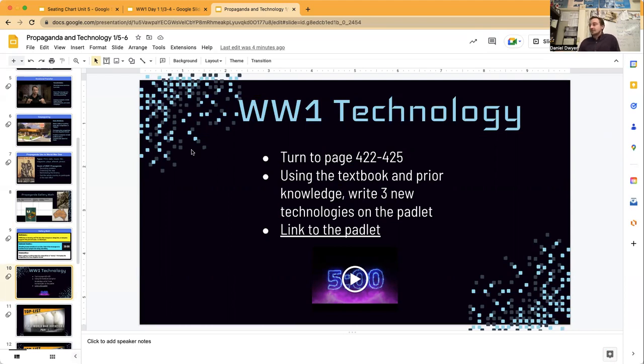Then we are going to move on to technology. So the first thing you'll be doing is using your textbook. I will probably put a link to that textbook page right here. And using the textbook and your prior knowledge, you're going to write 3 new technologies on the Padlet. Here, I have it right here.